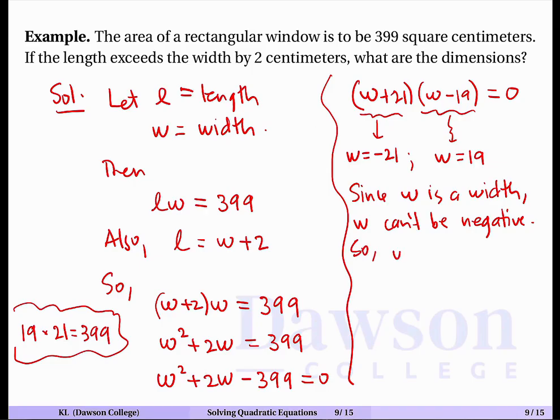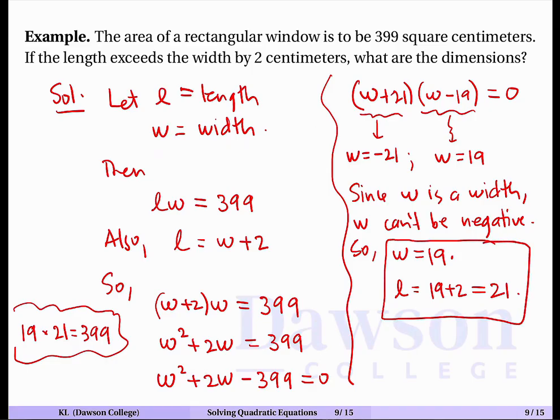So W equals 19, which means L equals 19 plus 2 equals 21. So these are the dimensions: width equals 19 and length equals 21. And let us just put the units, centimeters, here.